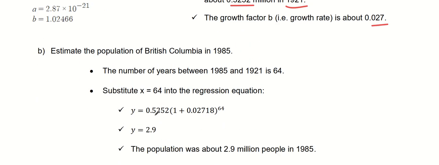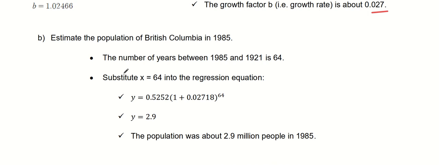Okay, so next problem. Estimate the population of British Columbia in 1985. Again, another population problem, and I like to separate the equation, take the 1 out, put 1 plus and this here. If you need to find x, you subtract the initial date from the date that you're looking for.